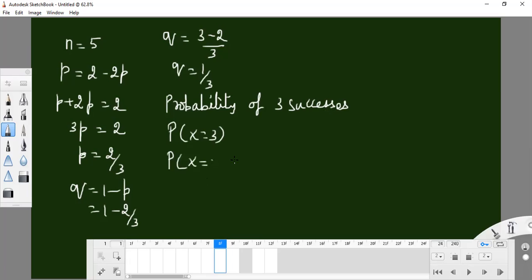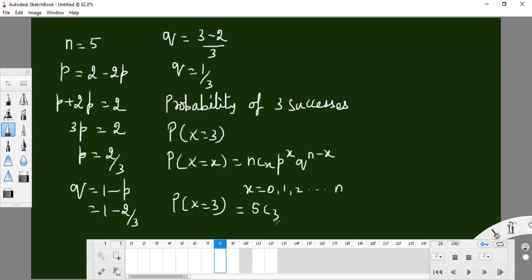P(x) = nCx p^x q^(n−x), where x can take the values 0, 1, 2, etc. up to n. So P(x = 3): the n value is 5, so 5C3, the P value is 2 by 3, so (2/3)^3, then the Q value is 1 by 3.